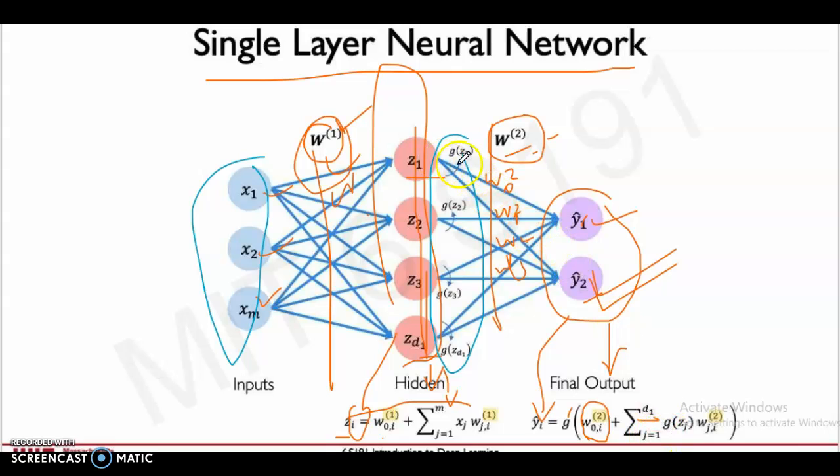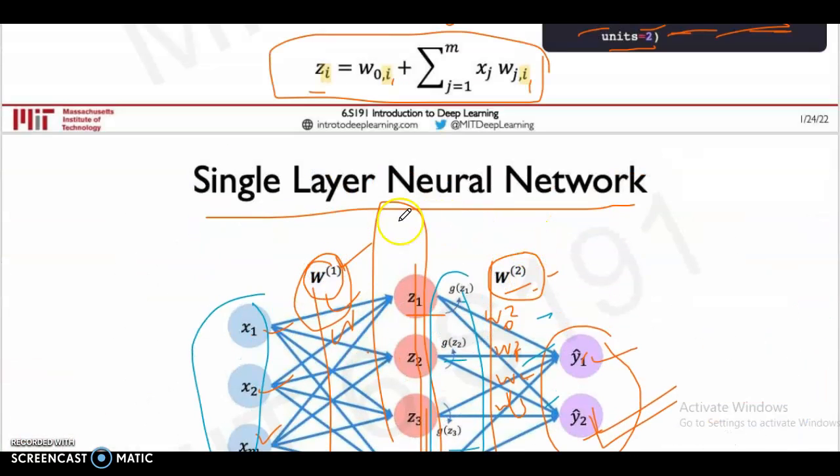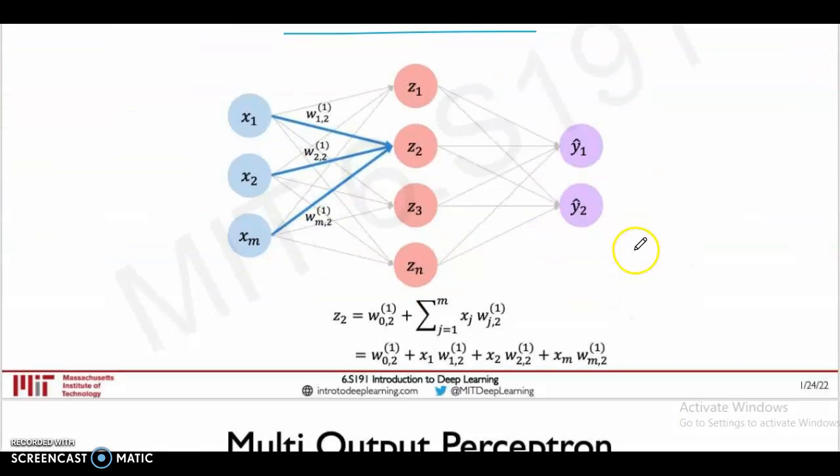So g of Z1, then g of Z2, then g of Z3, up to g of Zd1 into wj,i power 2. So we got it. Single layer neural network. This is a continuation.